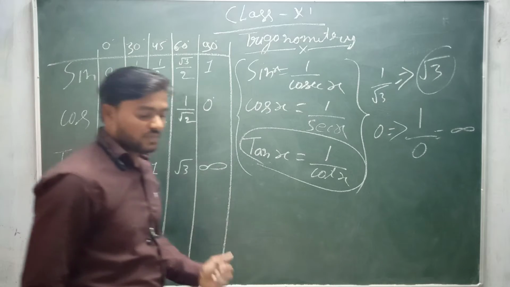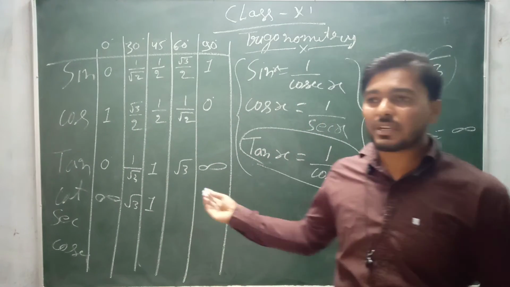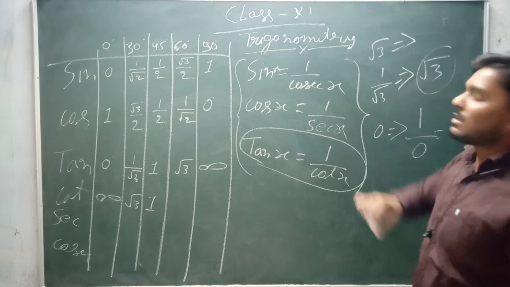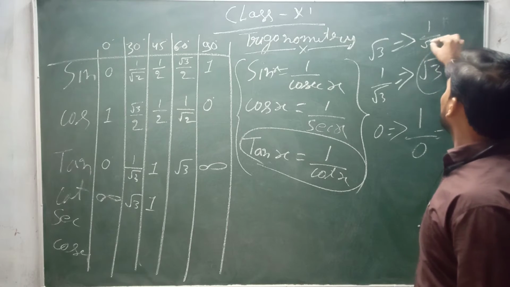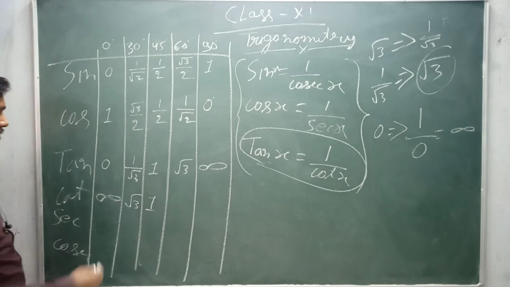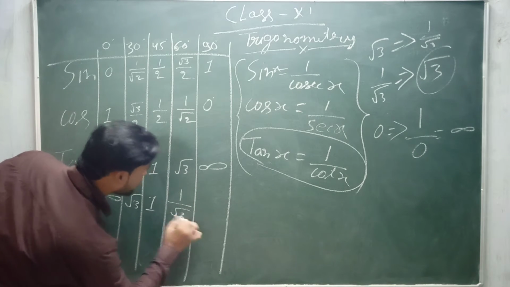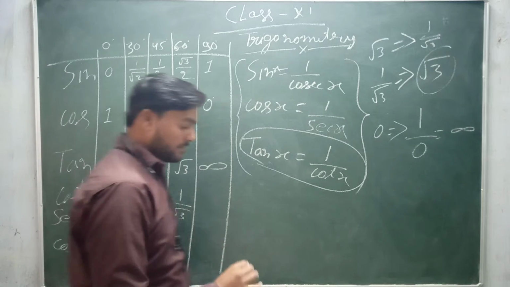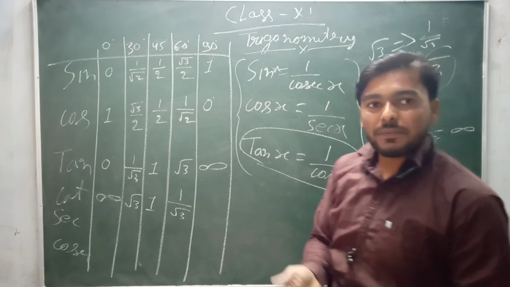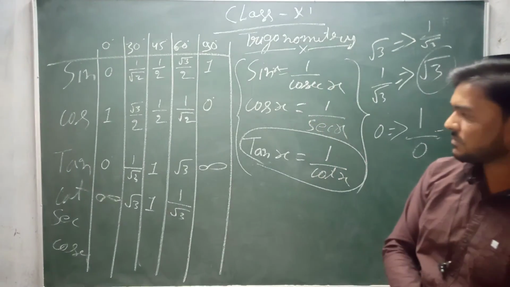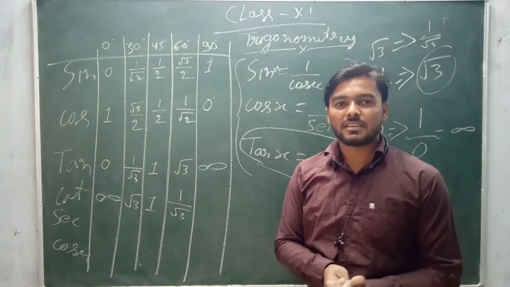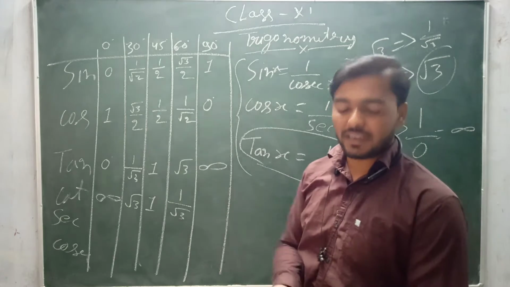Now tan 60 value is root 3. Reciprocate it, it will be 1 by root 3. So cot 60 value is equal to 1 by root 3. Now, this is the important thing. Many students may be wrong at this place. What is the reciprocal of infinite?